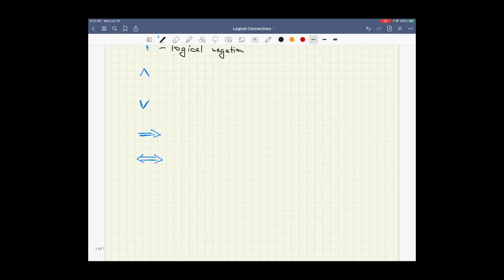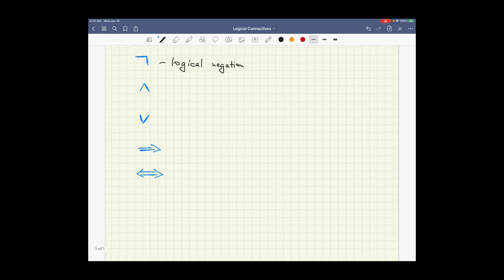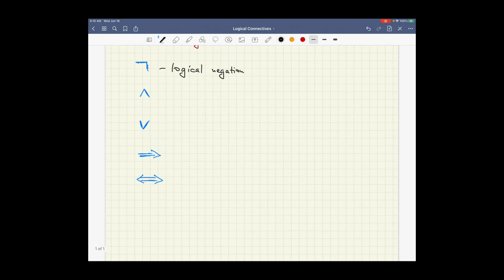Conjunction is short for and, so it conjuncts 2 statements by placing the word and between them. Logical conjunction. Simply and.